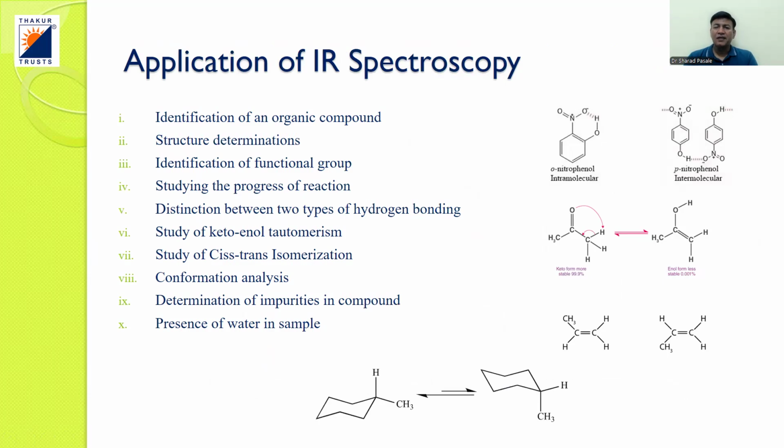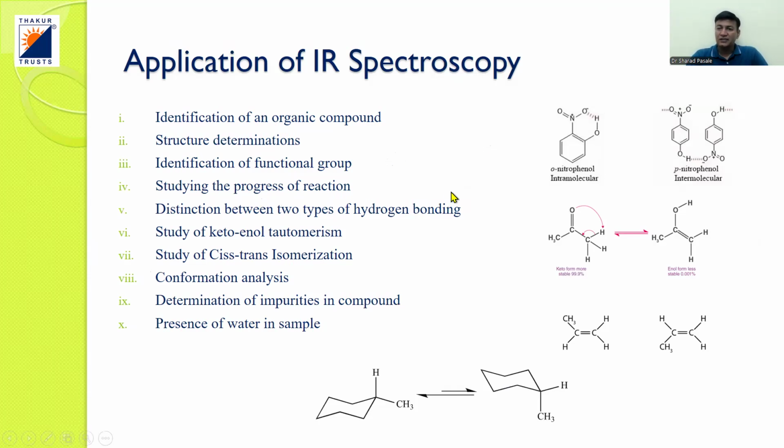So these are the applications of IR spectroscopy; you can use it very easily for organic compounds. I know sometimes it is used for inorganic compounds as well, but you get a clear idea for organic compounds. Then structure determination, whether it is an acid or ester, you can identify using IR. Then the functional group.